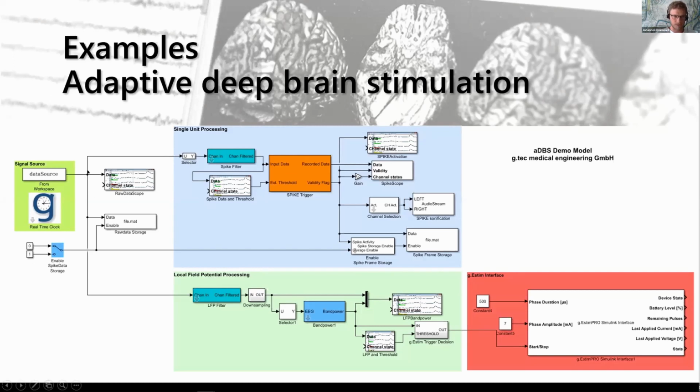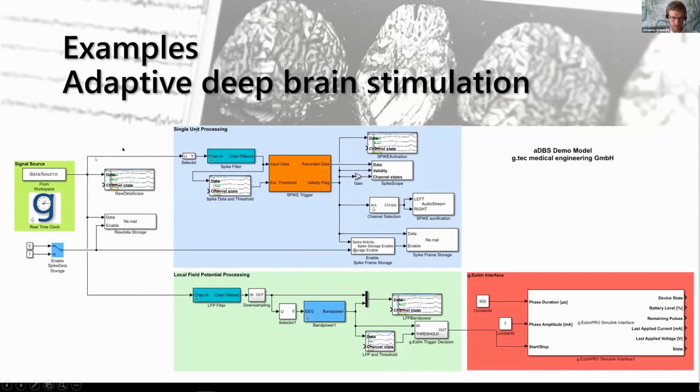This data is recorded from single units, so from these very, very tiny electrodes, which record almost single neuronal pathways. It's split into single unit data and local field potential data, which has a larger electrode surface, and this way has just a different signal characteristic.